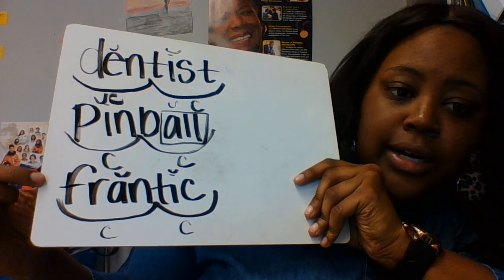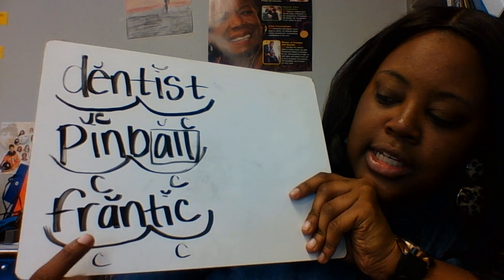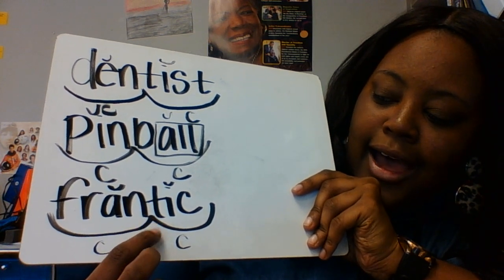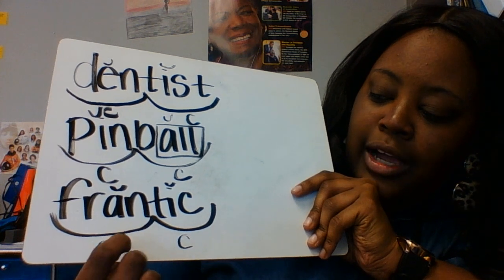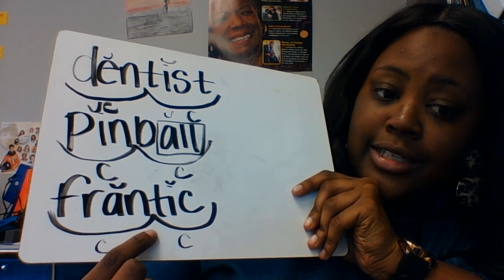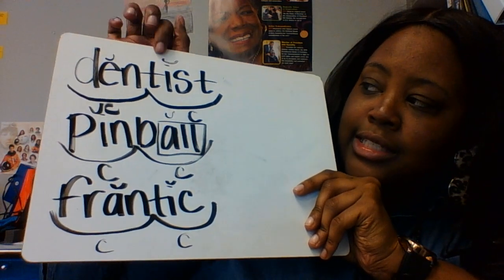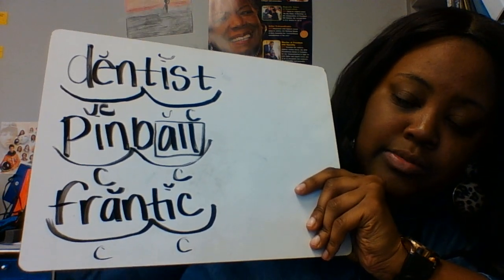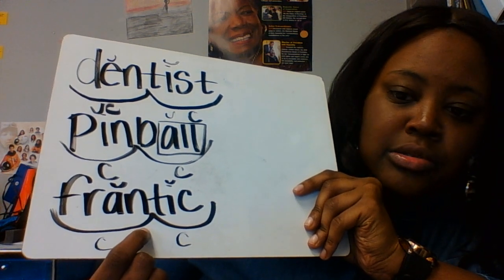I followed my same rules as identifying my vowels first in frantic. A and I are my vowels. I look at what's in between them. I have an NT blend, frantic. When I have two consonants in between two vowels, like with dentist, I know that I need to split in between those two consonants.